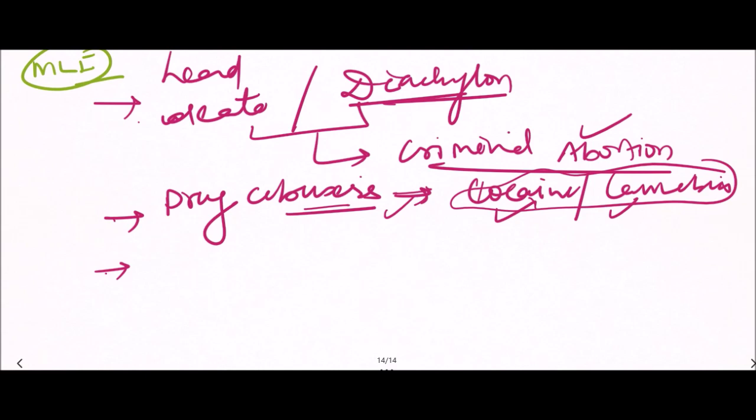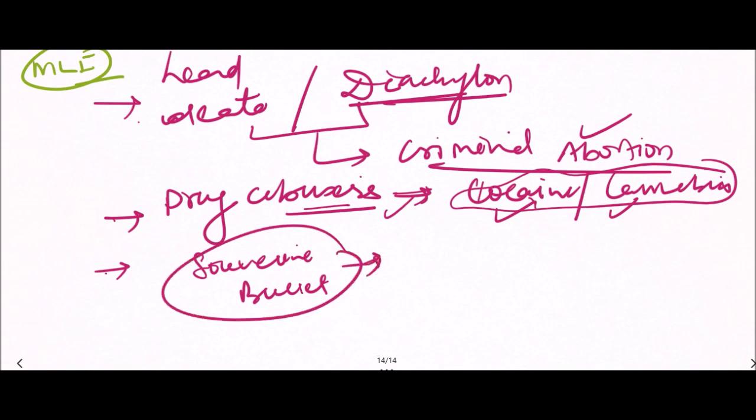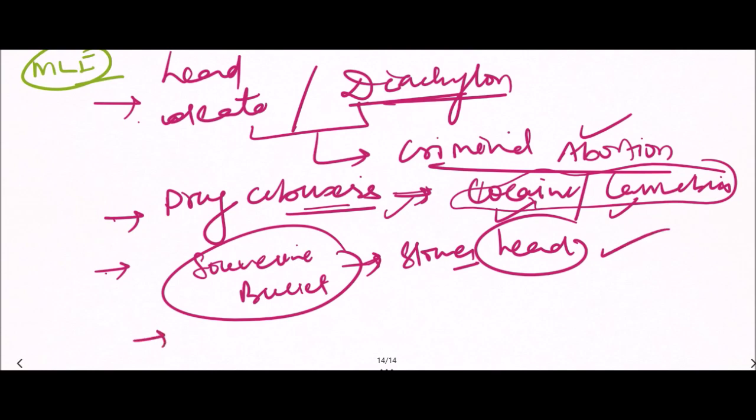Now sometimes what happens is a souvenir bullet. A souvenir bullet is an impacted bullet in the bone or vertebral column that slowly releases lead, and that is also responsible for lead poisoning. Sometimes lead poisoning can be seen in chronic cases after prolonged application of lead on the forehead or scalp by females.